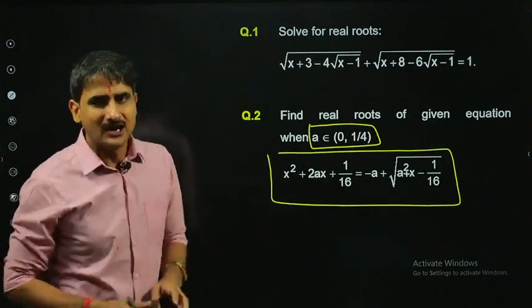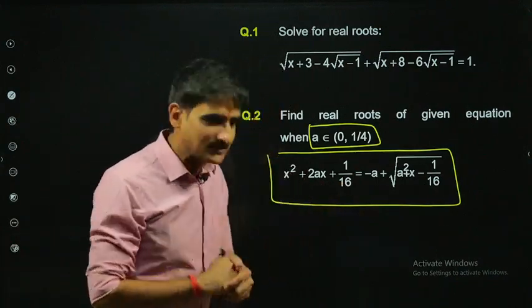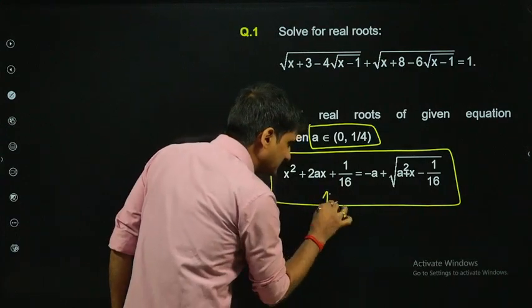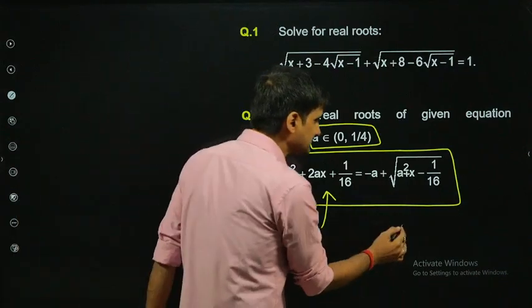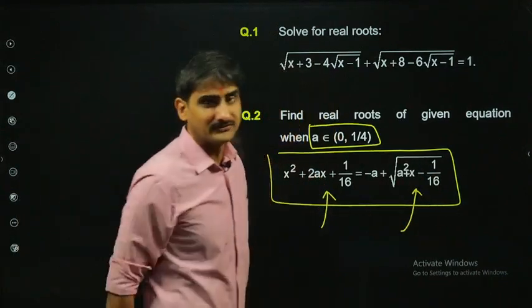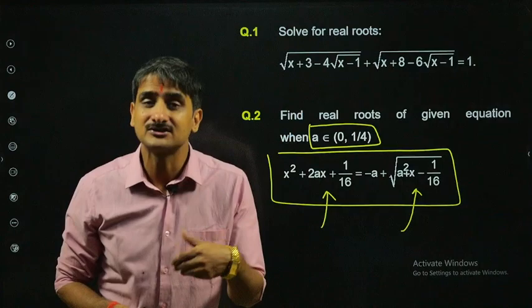See the idea. How did I get the idea of whatever I am going to discuss here? The idea came from the fact that this is a quadratic in x, whereas this is the square root of x. So on one side you have a quadratic and on the other side you have the square root of x.